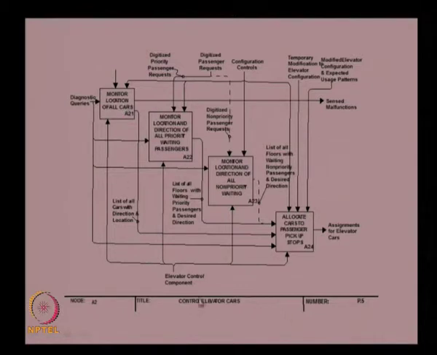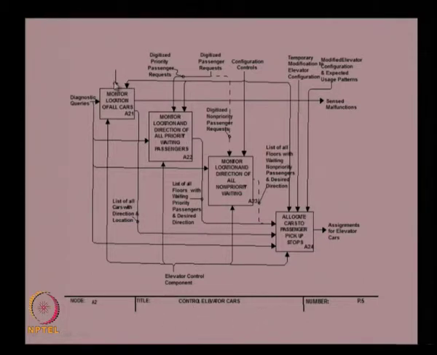Basically, in order to control the elevator cars we need to monitor the location of all cars, monitor the location and direction of all priority waiting passengers, monitor the location and direction of all non-priority waiting passengers, and allocate cars to passenger pickup stops. These are the sub-functions that control elevator cars needs in order to satisfy its requirement.